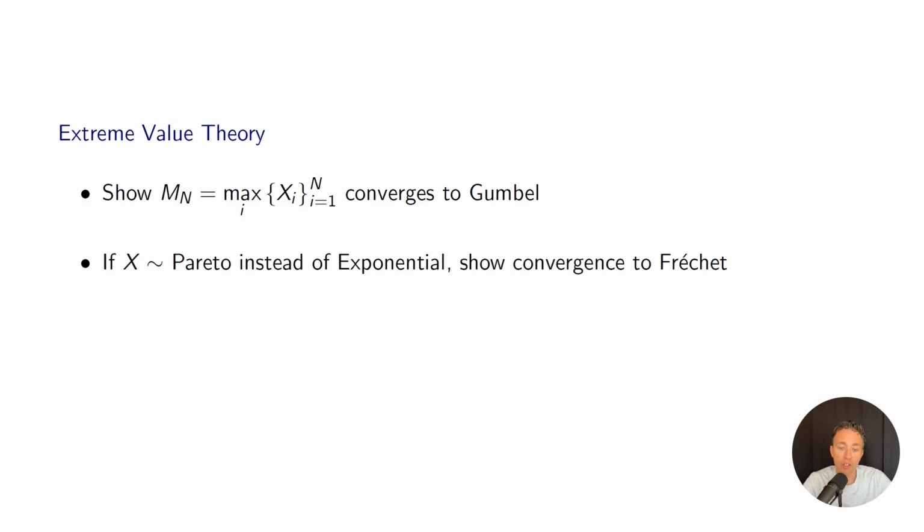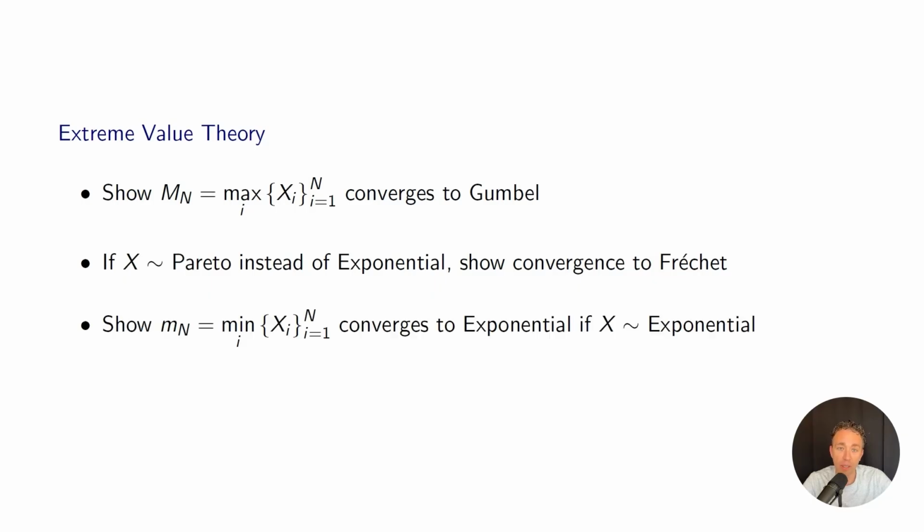And then to show the Fréchet convergence, we'll instead change the distribution to be Pareto instead of exponential, because the exponential has thin tails and the Pareto has thick tails. And we'll show that that results in the Fréchet distribution. And then we'll also show that the minimum of an exponential converges to an exponential. And with the minimum extreme values, that might differ depending on what the parent distribution is.